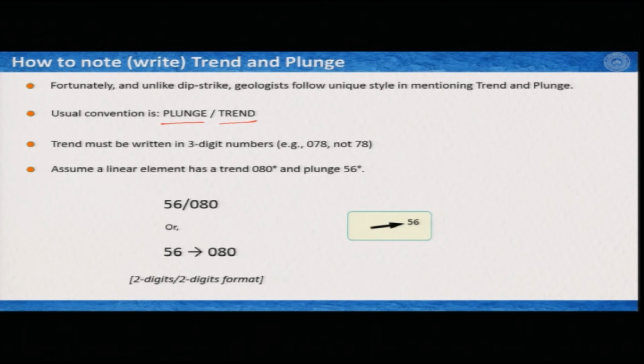That means, as with strike, you always write in 3 digits. If your trend direction is 78 degrees, you do not write it as just 78, you write it as 078.